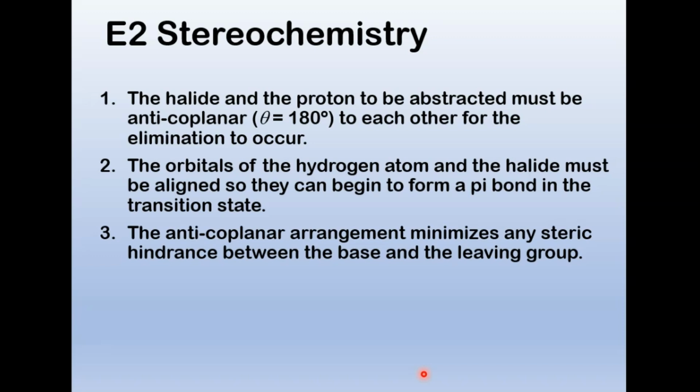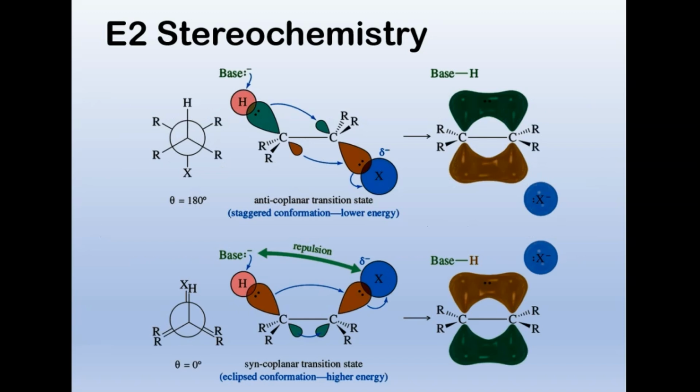So E2 means bimolecular, and a concerted event, meaning the base pulls off the hydrogen at the same time these electrons jump down, and at the same time the leaving group leaves, and you form your double bond there.